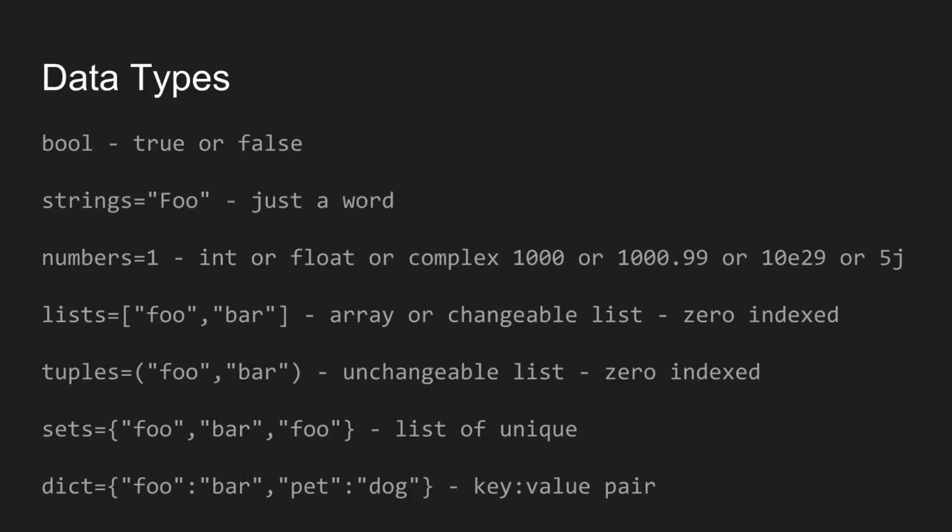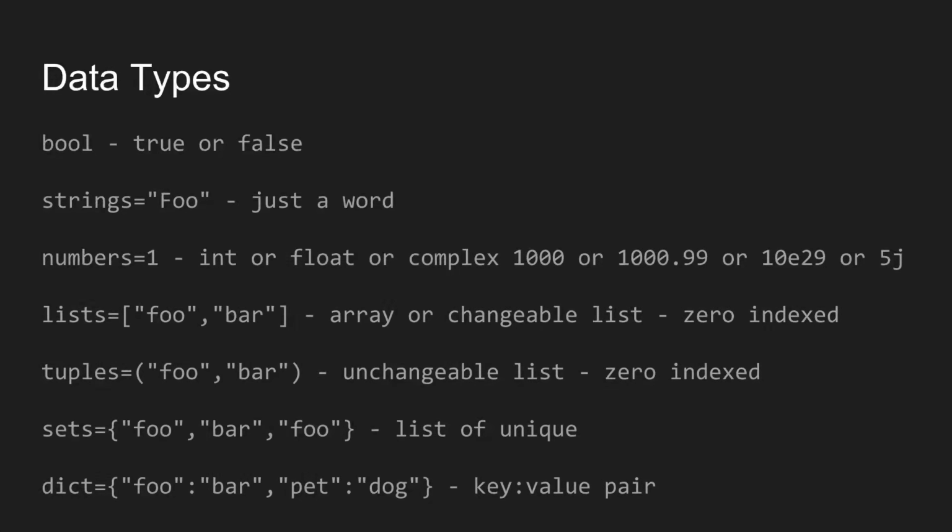Important thing to understand: lists use square brackets when they're created or assigned, and tuples use parentheses. But when you print it out, you're going to see that it uses parentheses for your list. You have to understand the difference between a list and a tuple.